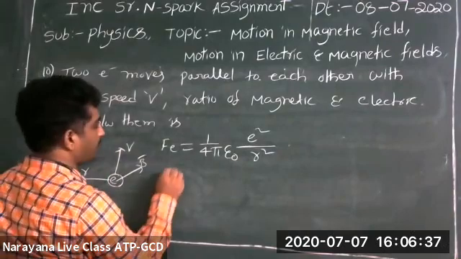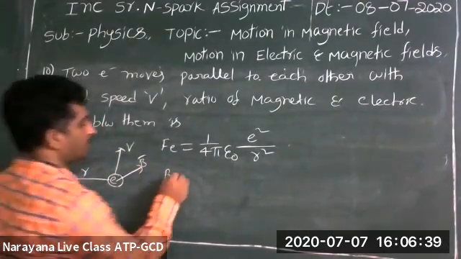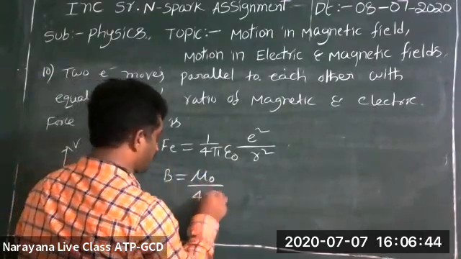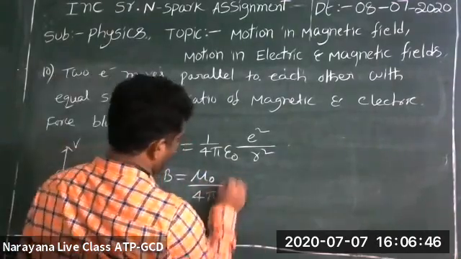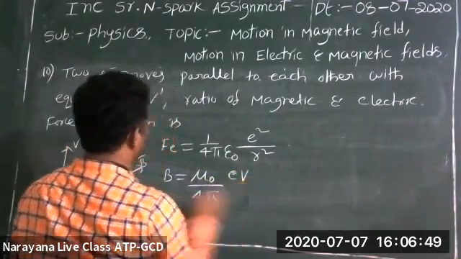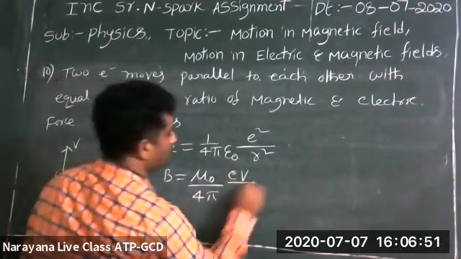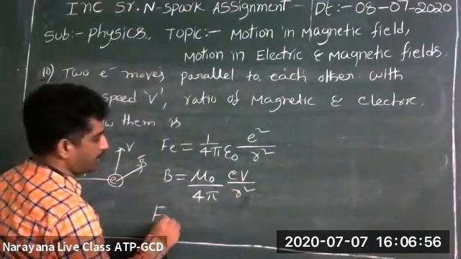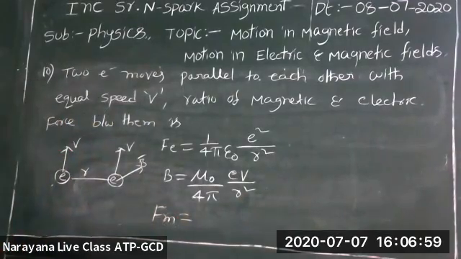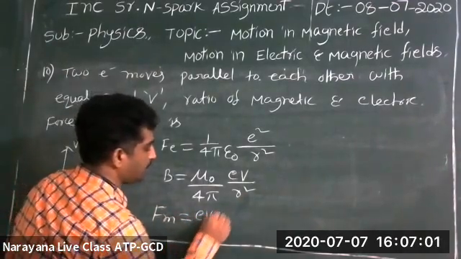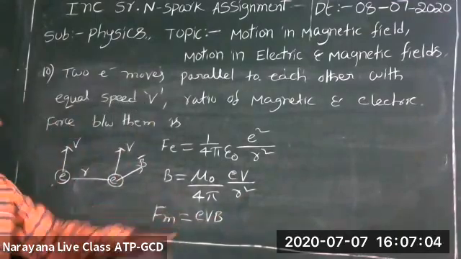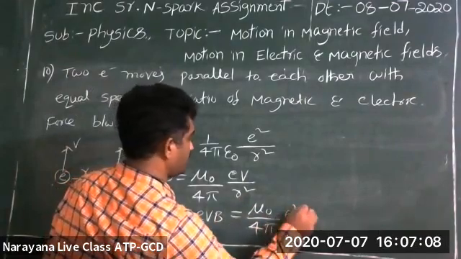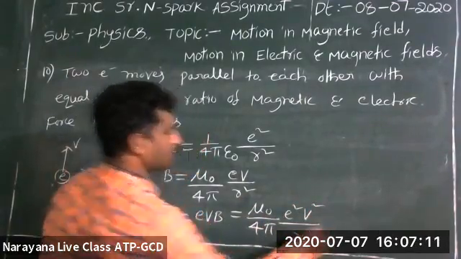So that magnetic field B is equal to mu0/4π into Q1 or eV1 by R square. Now the magnetic force is QVB, that is eVB. So apply here, mu0/4π into e square V square by R square.